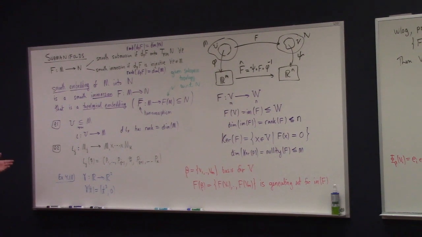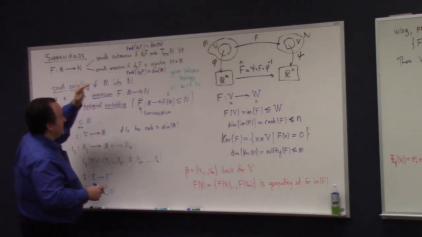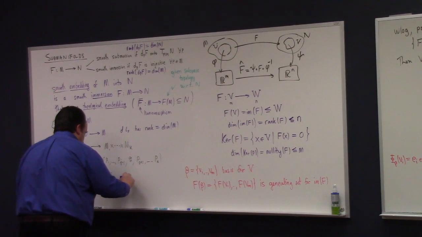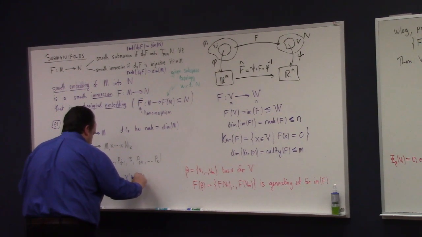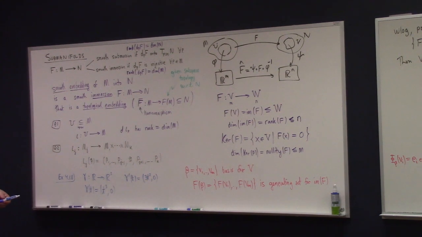So why is it not a smooth embedding of the reals into R2? Just focus on the smooth immersion part. We need the rank of the differential, right? The rank of the differential for a curve we can judge by its velocity vector. So what's gamma prime? Gamma prime of t you could identify with (3t squared, 0). That's the Jacobian matrix essentially here.